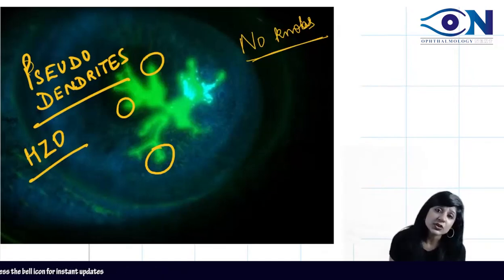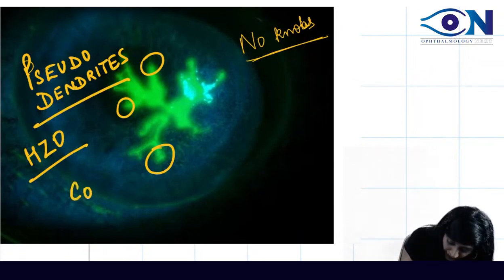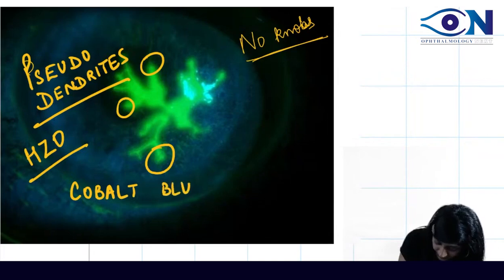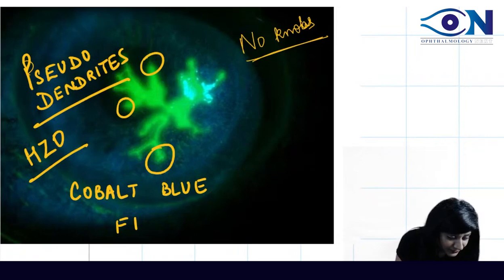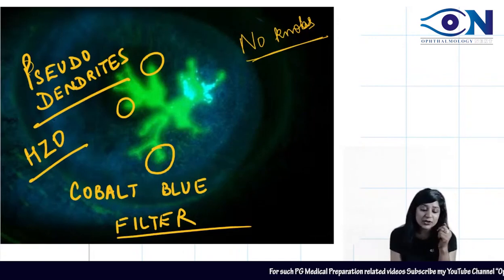Mucormycosis will be blackish in color. Now, you are seeing this in the fluorescent staining, and which filter are we using? The cobalt blue filter.